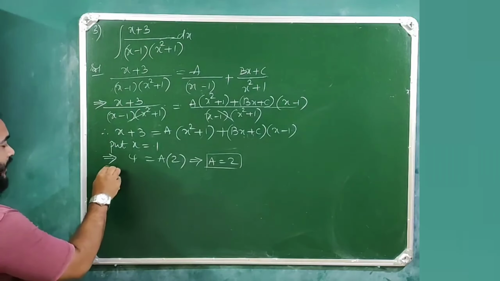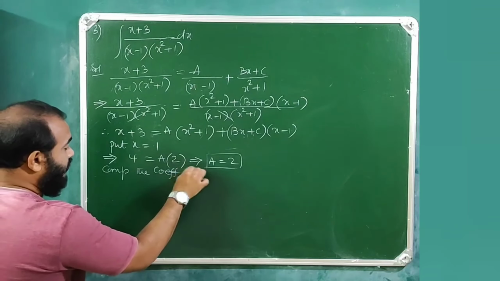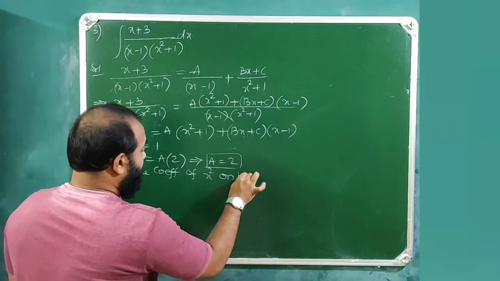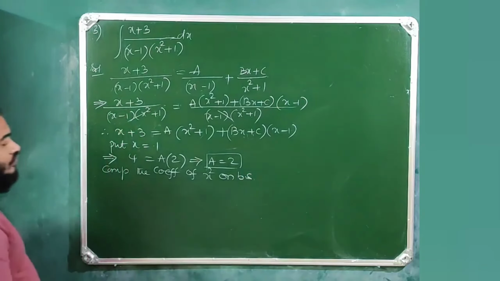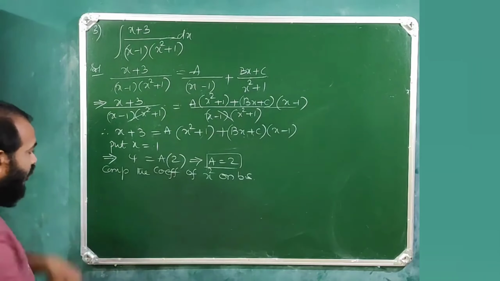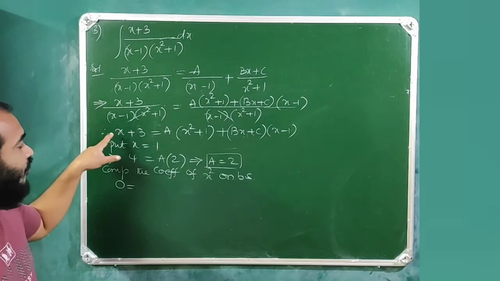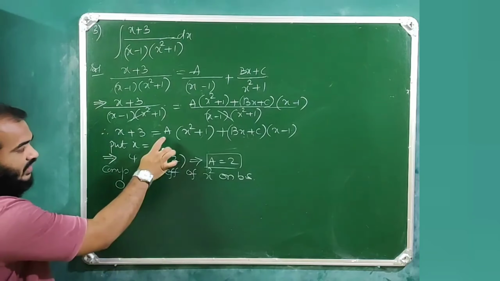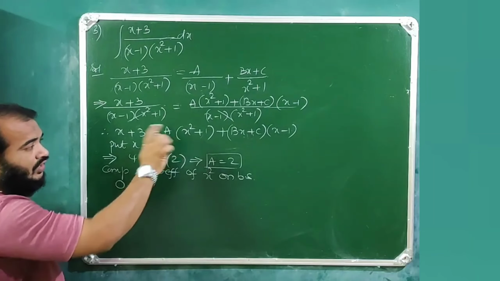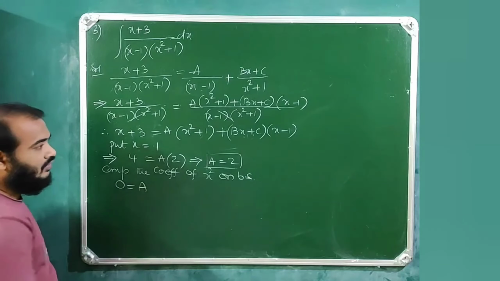Now, comparing the coefficient of x square on both sides. So the x square coefficient in the LHS is 0, because we don't have an x square term here. So therefore its coefficient is 0. Here, a times x square plus a is a constant, so we are concerned about the x square coefficient. So the x square coefficient is a here.